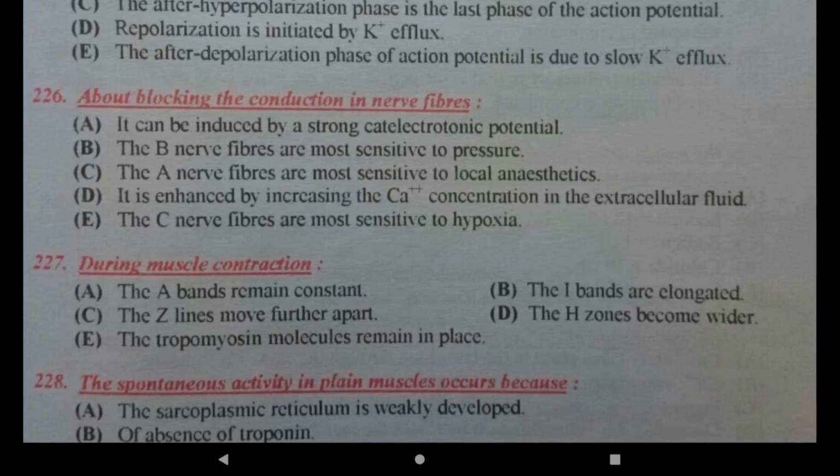C. Nerve fibers are most sensitive to local anesthesia. D. It is enhanced by increasing calcium concentration in the extracellular fluid. E. The C nerve fibers are most sensitive to hypoxia. We are looking out for the correct answer.